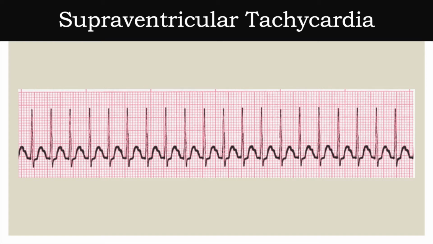Now, I know that you might think that this is your ventricles, but this is not your ventricle. It's called supraventricular because supra means above, and ventricle is your ventricle, so it's above your ventricles. And what do we have above our ventricles? We have our atriums. So this is basically your atriums going crazy.